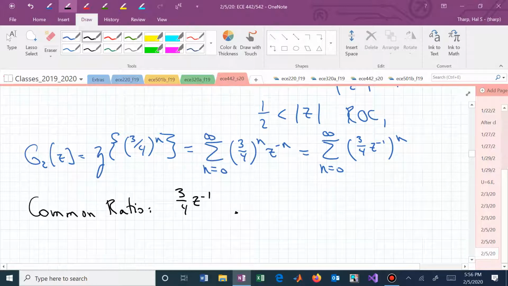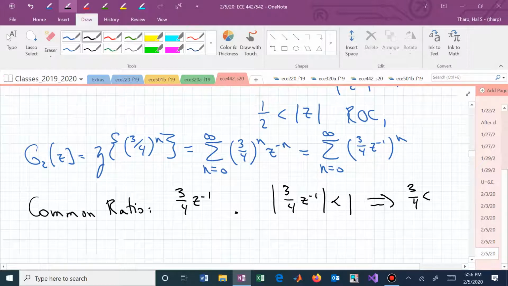For that series to converge, we need that common ratio's magnitude to be less than 1. This says that the magnitude of Z is outside of 3/4 for convergence. This is now region of convergence 2.